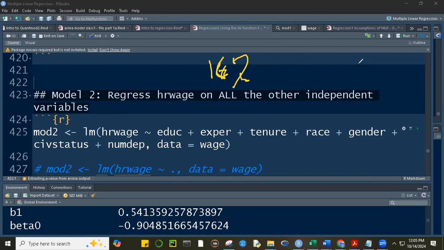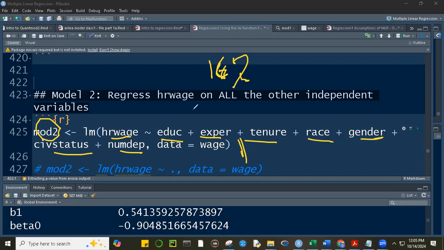And based on researches, there are other factors that affect hourly wage, including not only education, but experience, tenure, maybe the race, gender, civil status, number of dependents. So what we're going to do now is create a new model, model 2, but this time we're including all, lahat na ng mga predictors. So lahat ng mga predictors kasama.